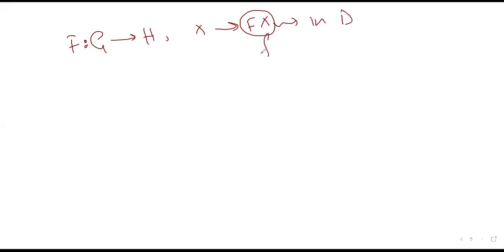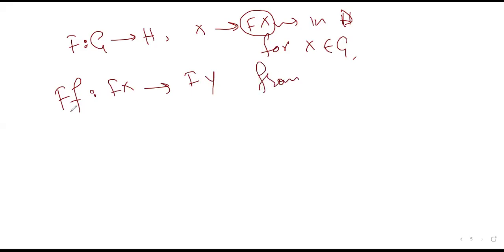So what is the definition of an endofunctor? First of all, recall the definition of a functor. A functor is a morphism from one category to another category. It sends every object to an object in the other category, meaning F(x) is an object in D for all x in category C. And for every morphism f from x to y, there is a morphism F(f) from F(x) to F(y).